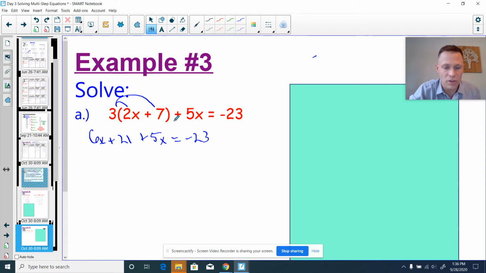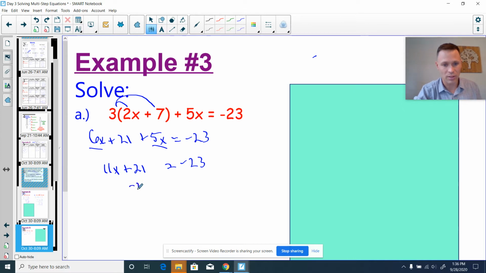So I'm done with the distributive property. No more parentheses, but I do have like terms I can combine. So I have 6x plus 5x, which gives me 11x plus 21 is equal to negative 23. Okay. Now I have a two-step problem. So 11x plus 21 equals negative 23.